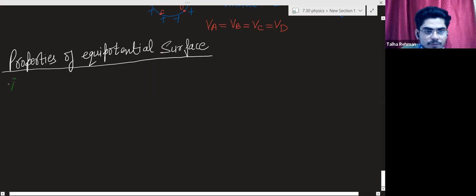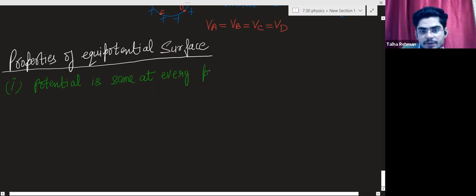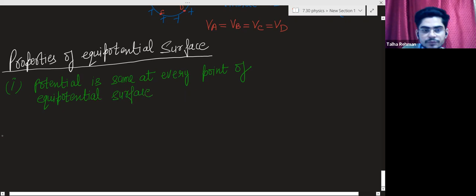We know the first property: potential is the same at every point of an equipotential surface.